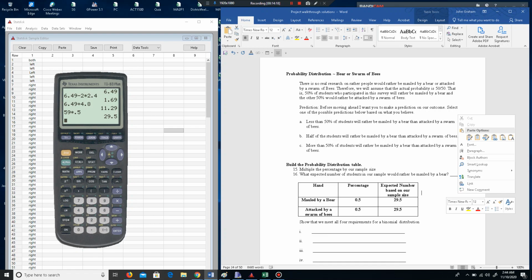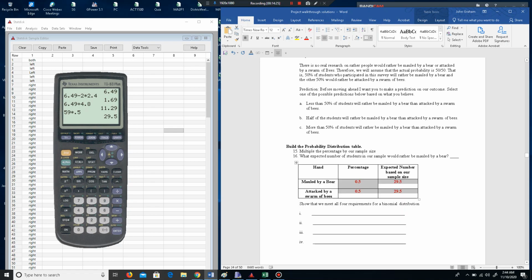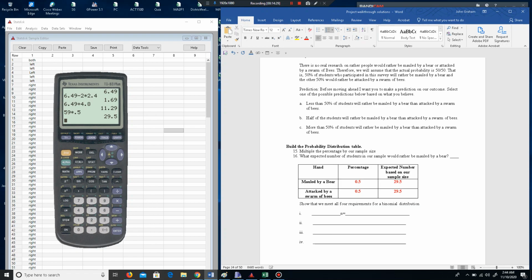Okay. Again, do we meet all 4 of the requirements? Well, n equals 59. Each student is independent. It's either going to be a bear or a bee. And the idea is we're going to assume our probability of success is 0.5, and that's what we're testing here.